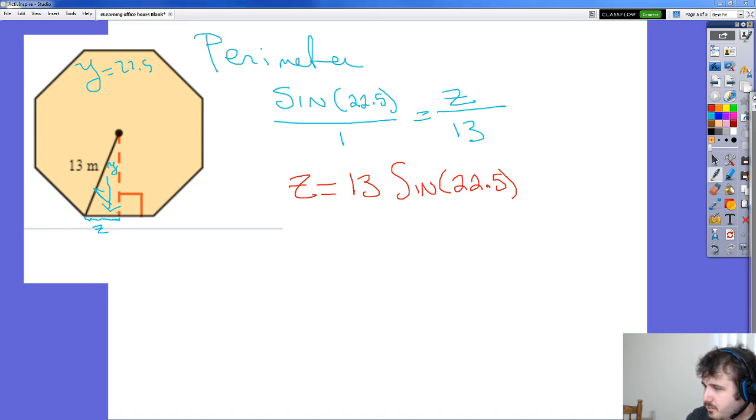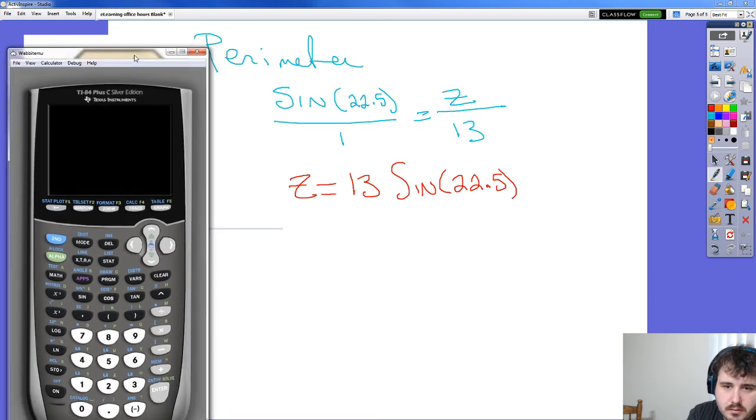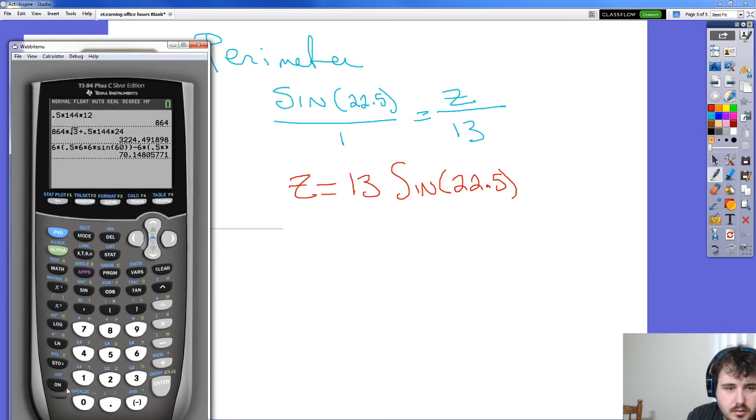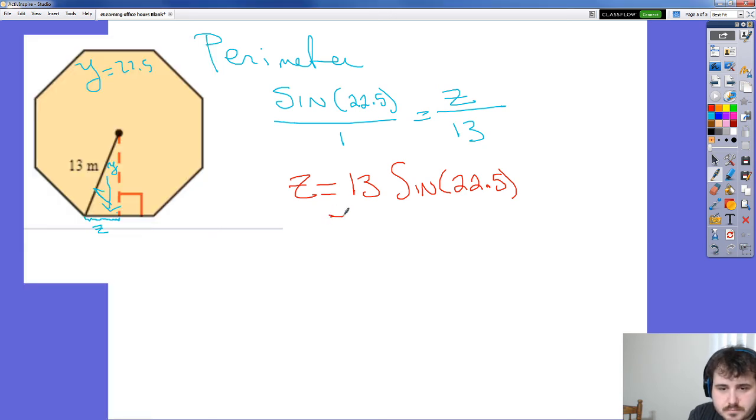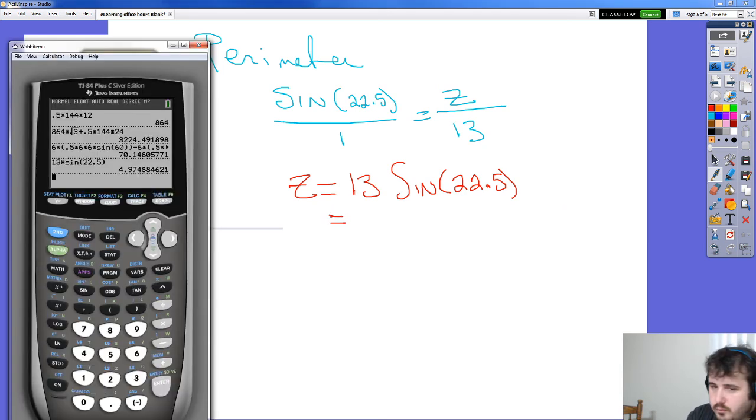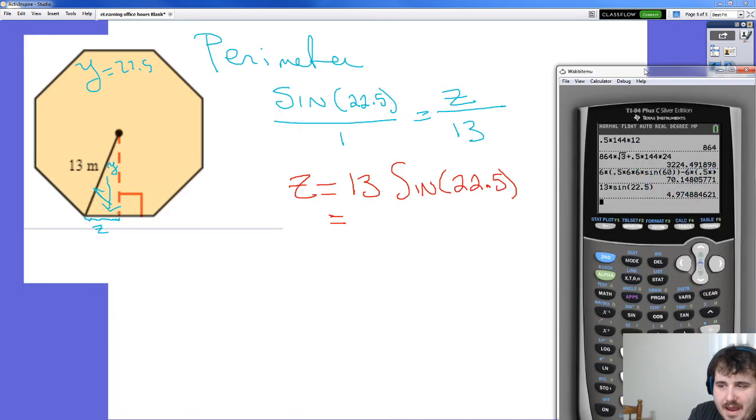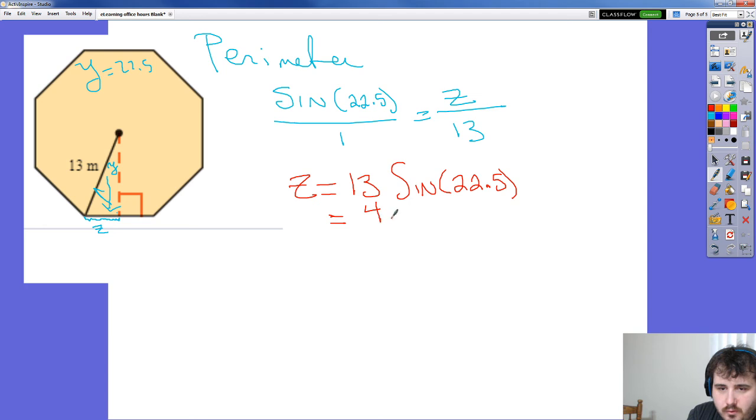So we need to multiply that to get a whole side. So that's this right here, yeah? This is half of the side: 4.974884621.